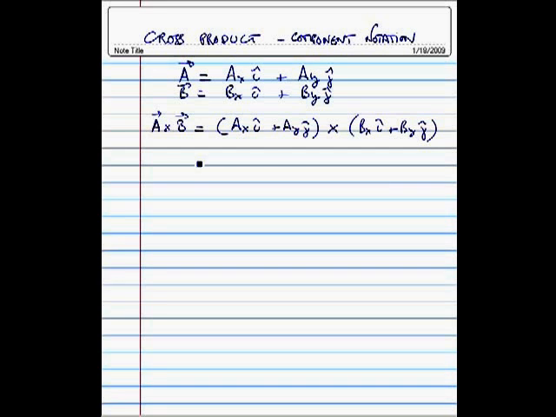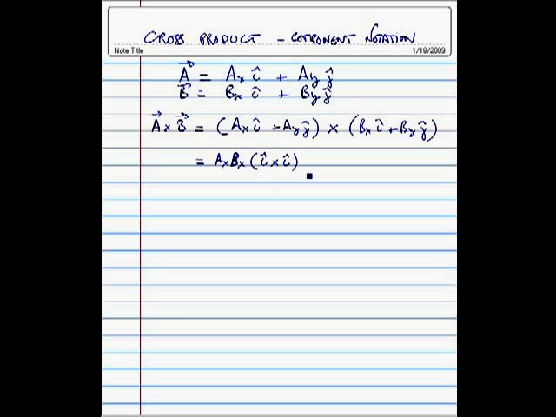Let's see how that goes. First term, ax i cross bx i, same as with the dot product. I can extract all the scalars out and put them together, because scalars commute under multiplication. But as I take the cross product of what's left, which are the unit vectors, I need to be very careful to maintain the order, because as we've seen before, a cross b is different from b cross a.